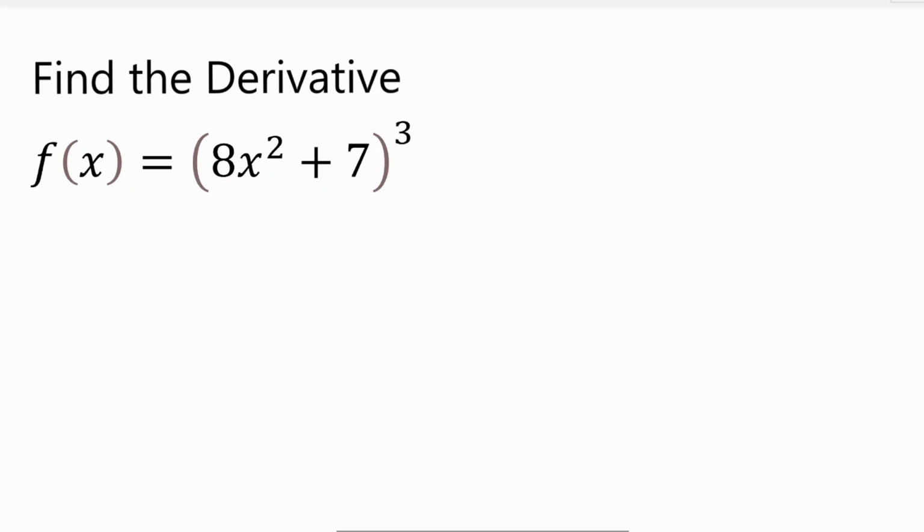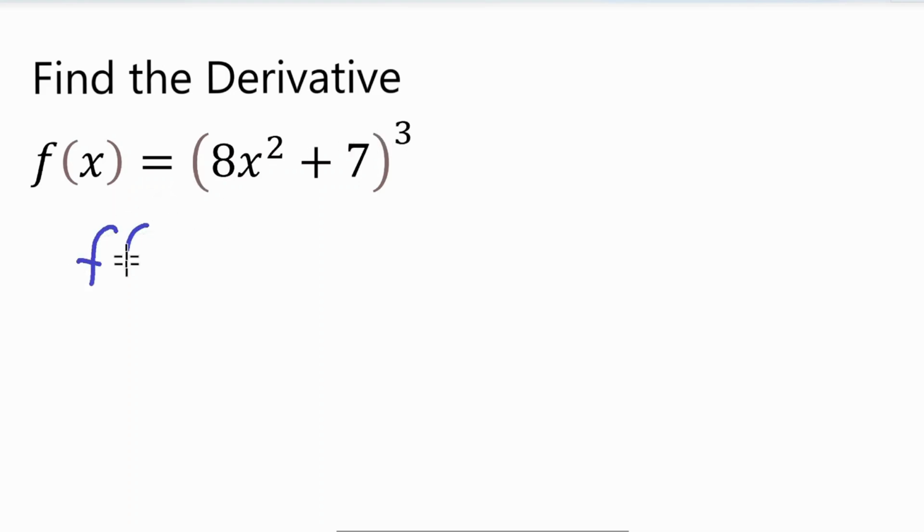Notice how we have a function on the inside, this 8x squared plus 7, and this is being surrounded by the cubed. So in this case it looks like we have two separate functions. So the derivative cannot just be the derivative of the inside with the derivative of the outside.